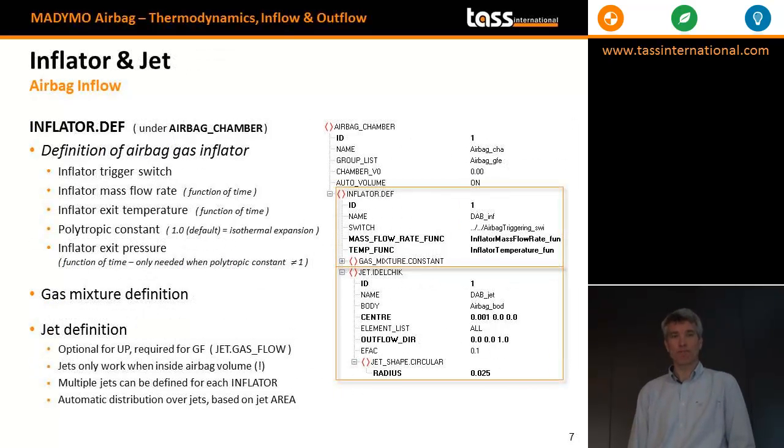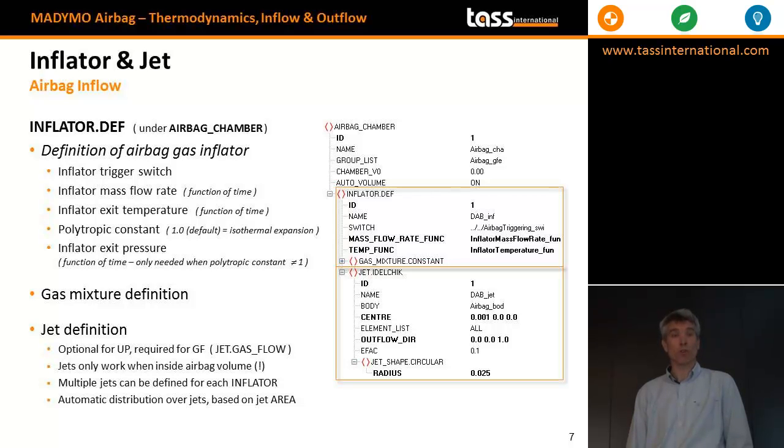Inflator and jet. Initially, there is no extra gas of the inflator in the airbag chamber. That has to be brought into the system by an inflator. You can define it in several ways, but basically they are all the same. You have to define the moment of triggering, so when the gas is brought into the system, you have to define a mass flow rate and a temperature function.